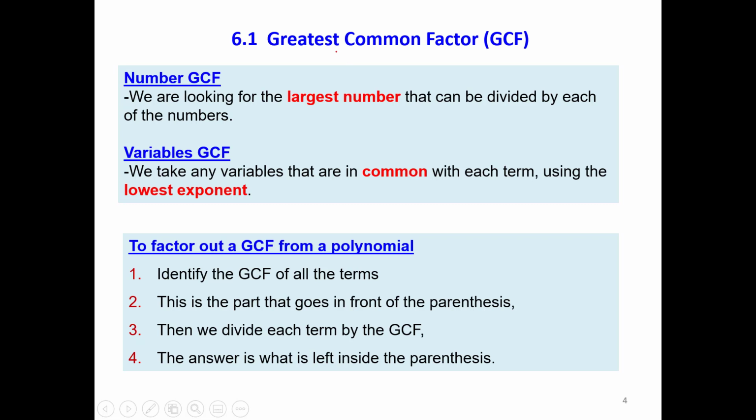if we want to factor any polynomials using the greatest common factor method. Step number 1, we need to identify the greatest common factor of all the terms, the number and the variable. We need to check both.